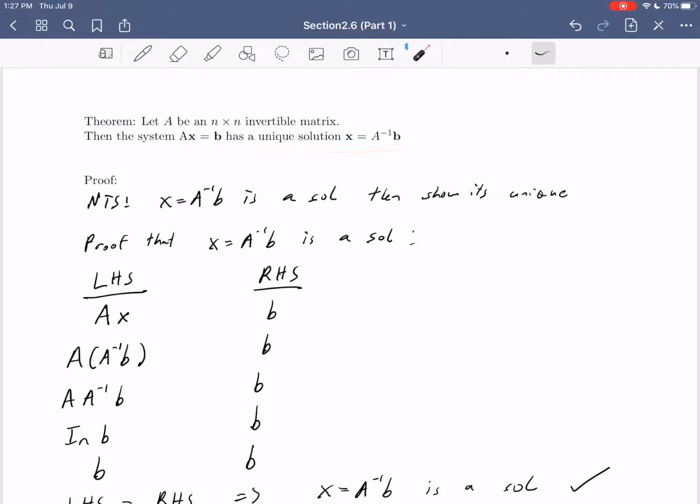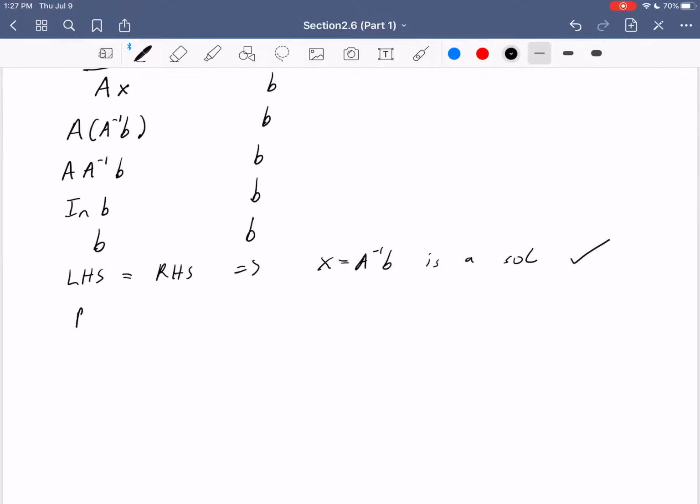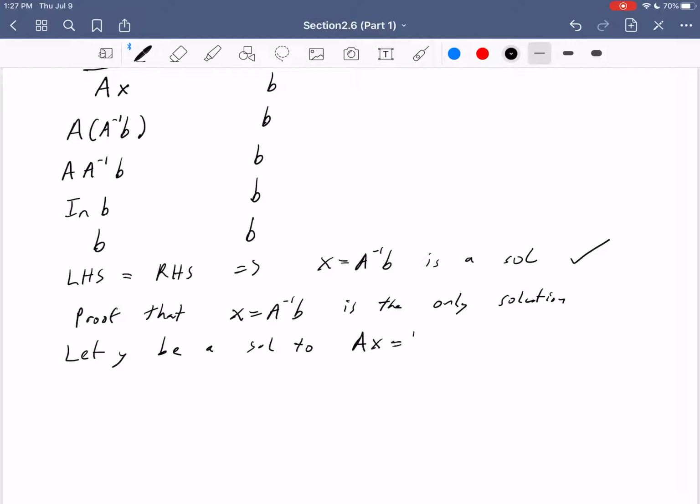Now we need to show that it's a unique solution. So now proof that x equals A inverse b is the only solution. Okay, so let's let y be a solution to Ax equals b.